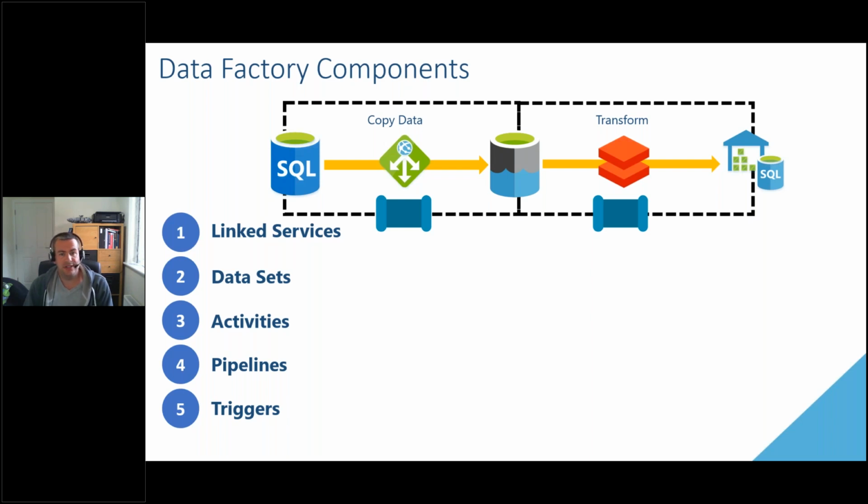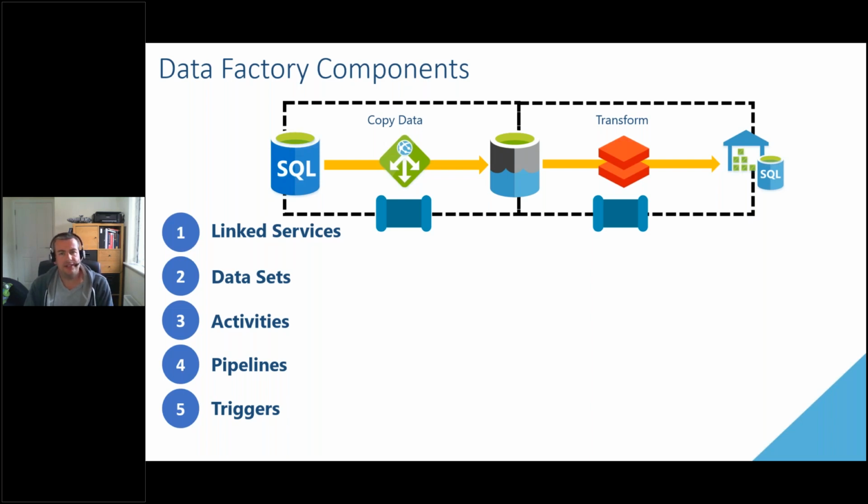Maybe its schema name, the table name, the attributes that exist in there, their data types, all these things the dataset will contain. So it's almost metadata that represents the data that we then want to work with, authenticated with our linked services.